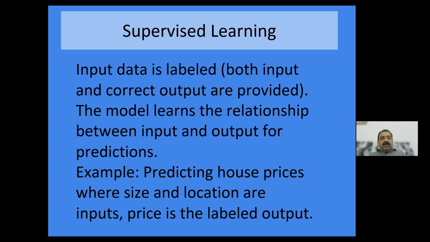So the historical data is all about input as well as output, and the algorithm will find some relationship between input and output based upon the historical data, and then it will try to predict future outcomes. For example, predicting house prices.